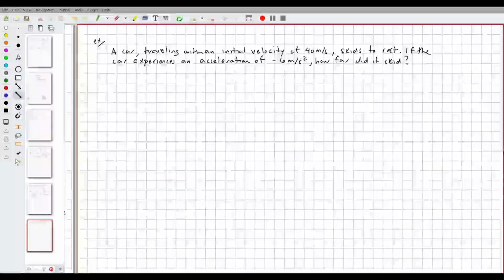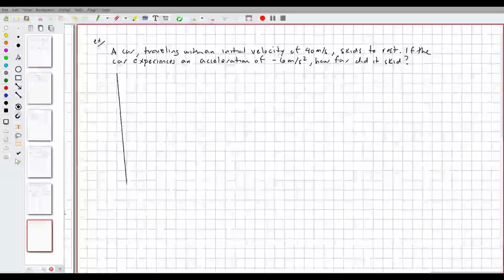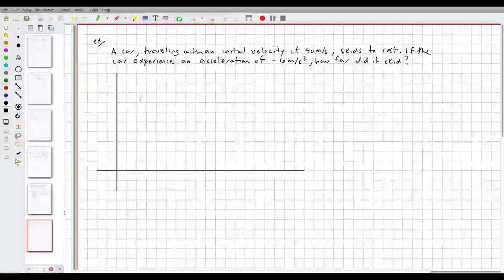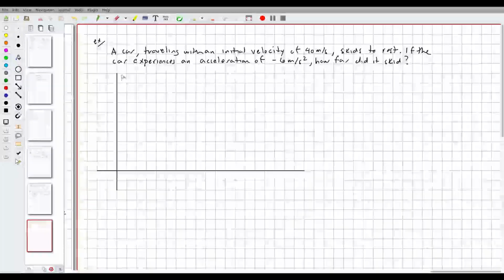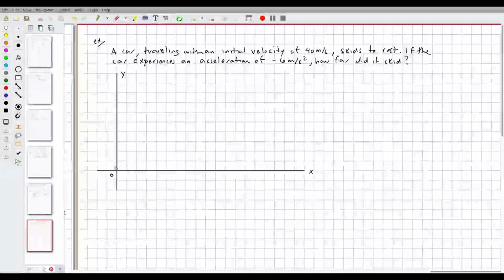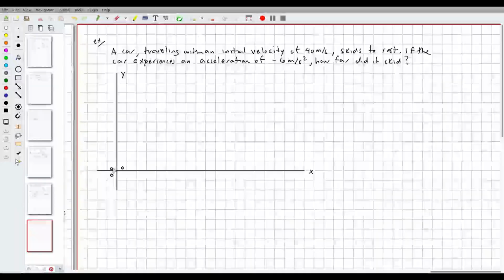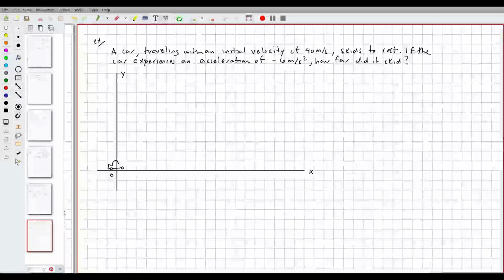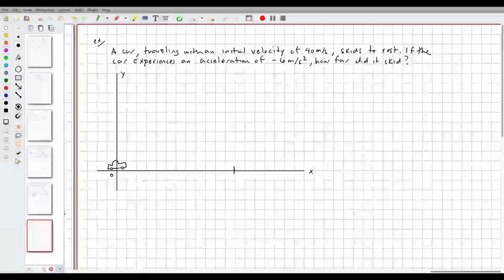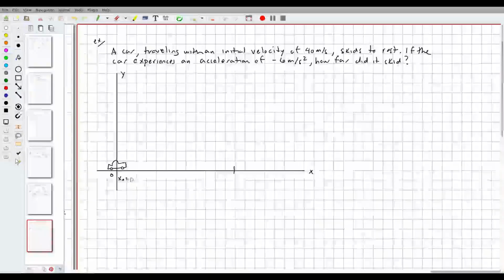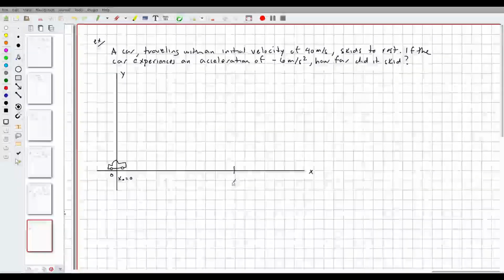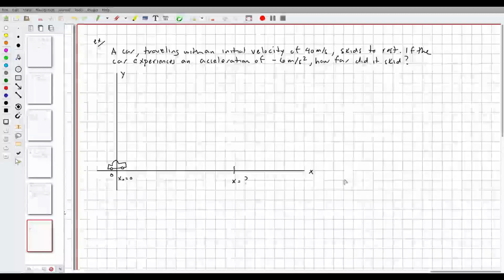Okay, so once again, draw a coordinate system. We're going to put our car at the origin again, just to make our life easy. Our car is going to come to rest somewhere over here, so we know our initial position is 0. Our final position is unknown. That's what we're trying to find.